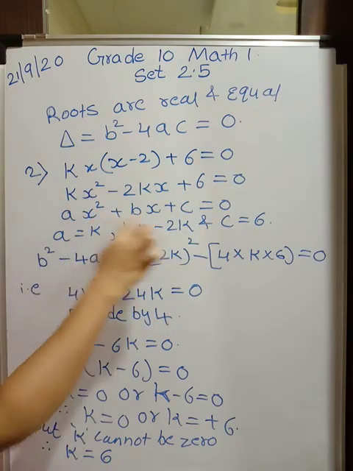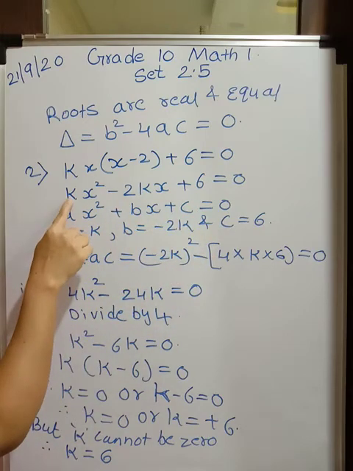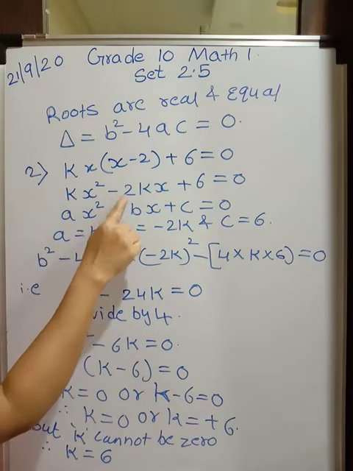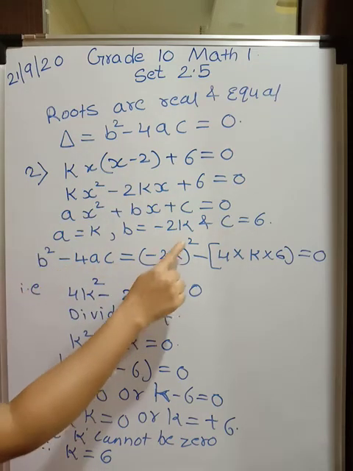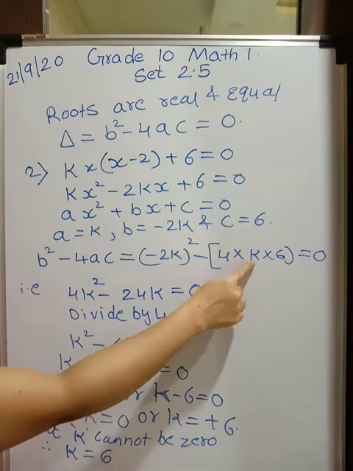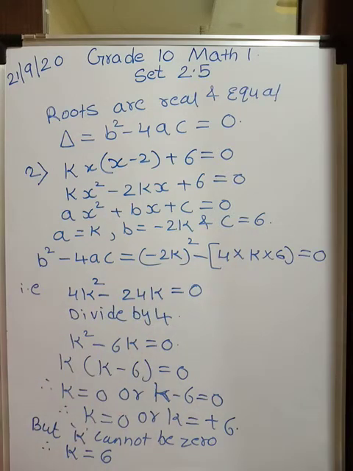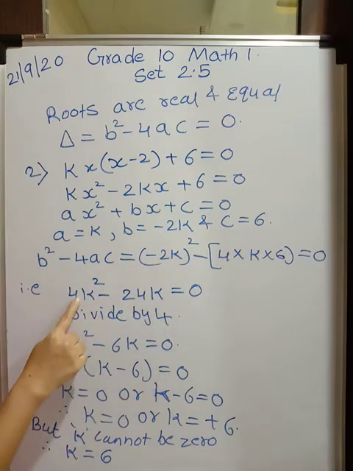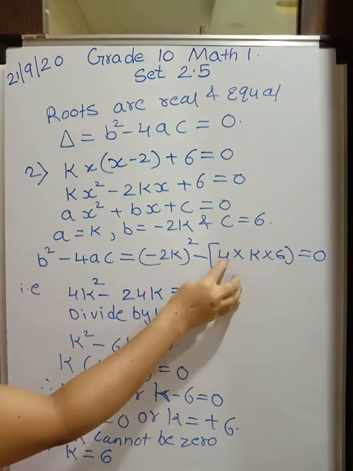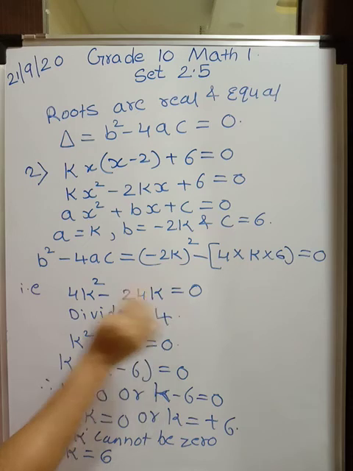Now compare this with the general form. a will be equal to k, b will be equal to minus 2k and c will be equal to 6. Find out the value of b square minus 4ac. So (minus 2k) square minus 4 into k into 6 is equal to 0. Now (minus 2k) square is 4k square, minus 4 6s are 24, minus 24k is equal to 0.